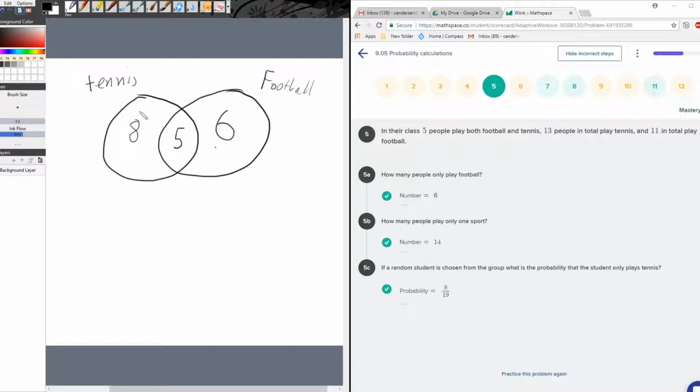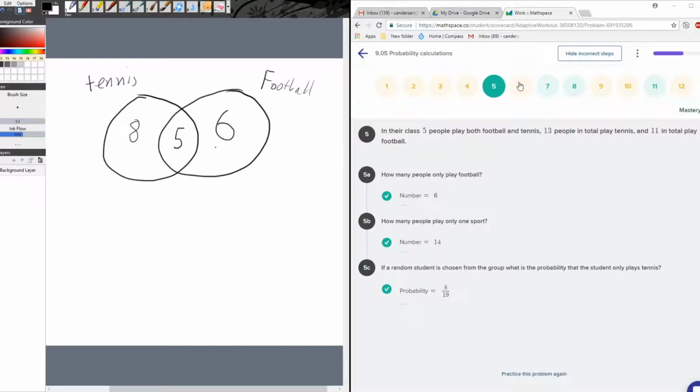So the answer of choosing someone who only plays tennis is 8 out of 19, because there's 19 things in total. 5 plus 6 is 11, plus 8 is 19.